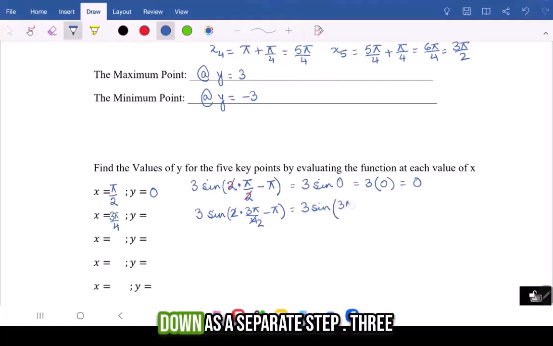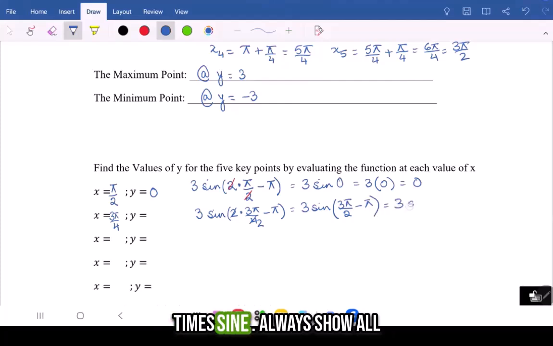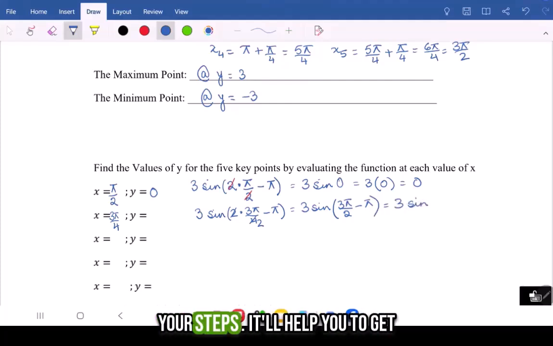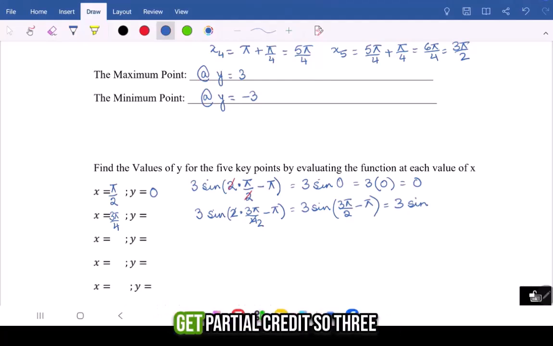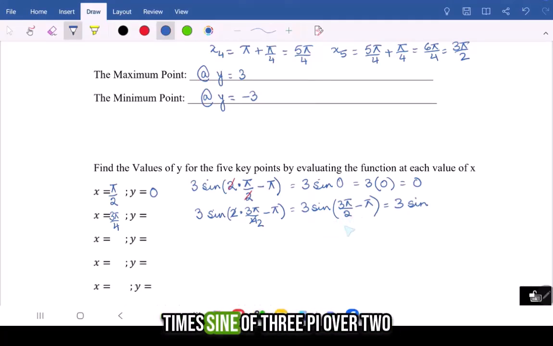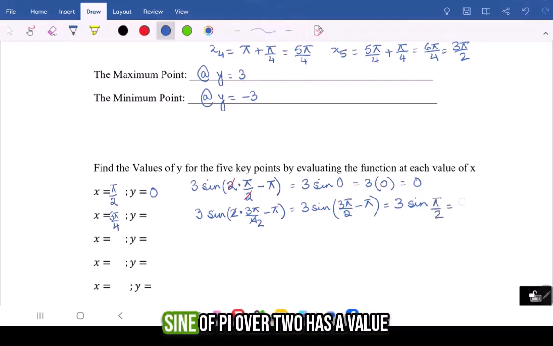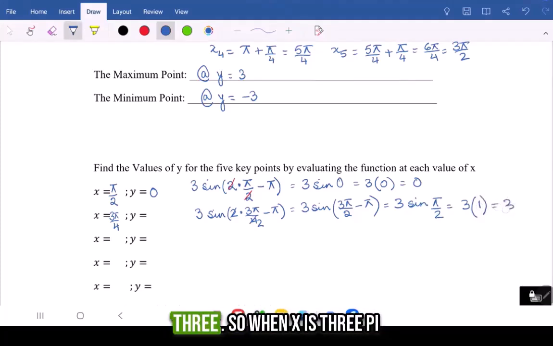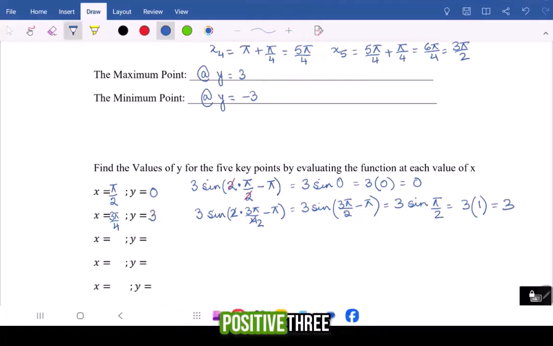Let me write that down as a separate step. Always show all your steps. It'll help you to get your answer correct as well as get partial credit. So 3 times sine of 3 pi over 2 minus pi is pi over 2. And sine of pi over 2 has a value of 1 from our special angles table. So that'll be equal to 3. So when x is 3 pi over 4, y has a value of positive 3.